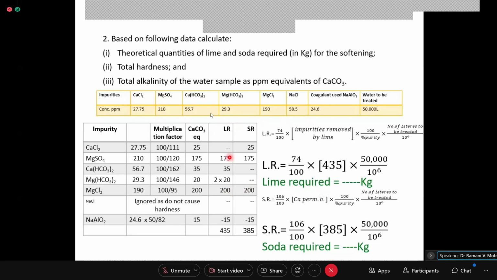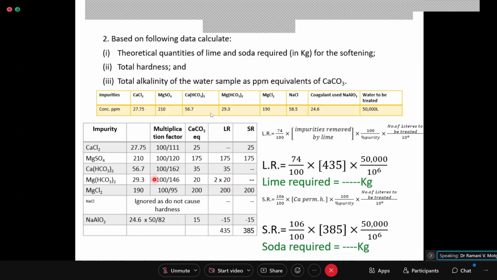This is one concept. To understand it another way, you can consider that when sodium aluminate is added and NaOH is forming, this hydroxide is not associated with calcium but is associated with sodium. And since it is not associated with calcium, it is deducted from soda also.